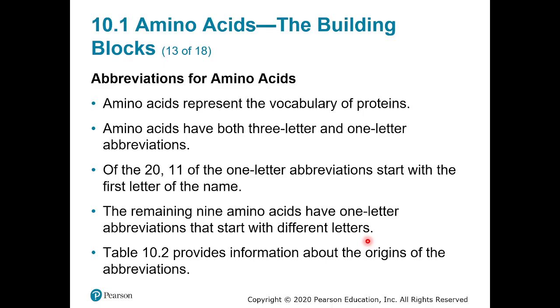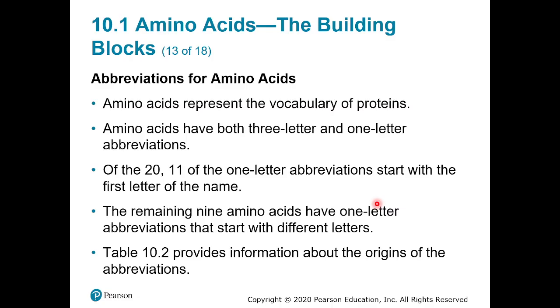And that's because we just couldn't use the 1-letter abbreviation again, right? We ran out. So of the 20, 11 of the 1-letter abbreviations are actually going to start with the first letter of your name. Ideally, they would have all been that way, but we couldn't have done it, right? There's repeats for the full names. The remaining 9 amino acids have 1-letter abbreviations that start with different letters because we had to use different letters.